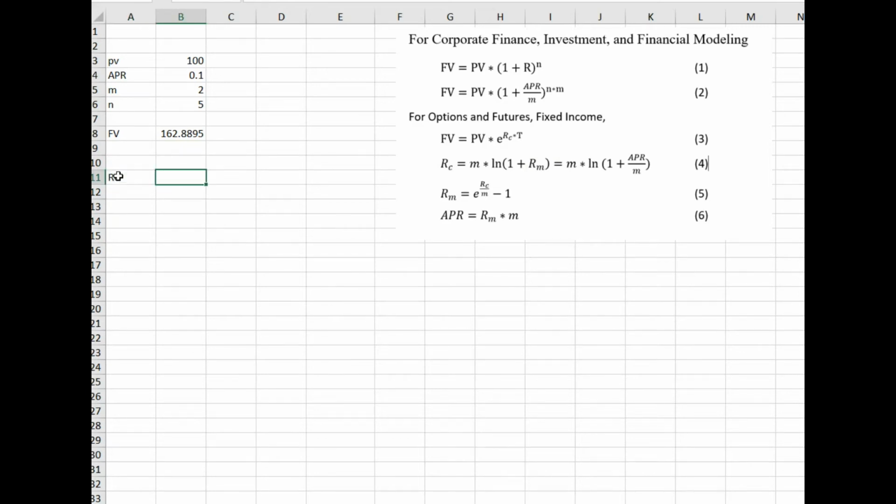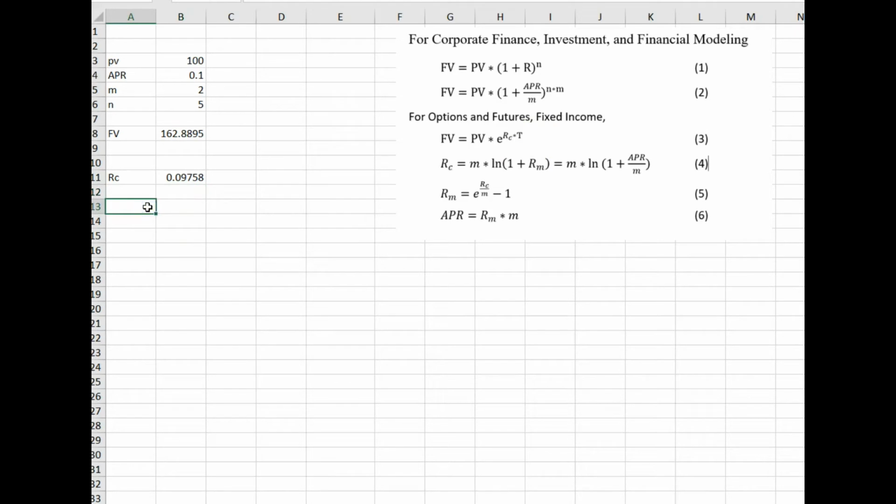RC will be M times natural log of 1 plus APR, 10%, divided by M. So 9.758% is the continuous compounding rate. Okay, so let's apply the formula. Equation number 3, we calculate future value by using the continuous compounding rate.